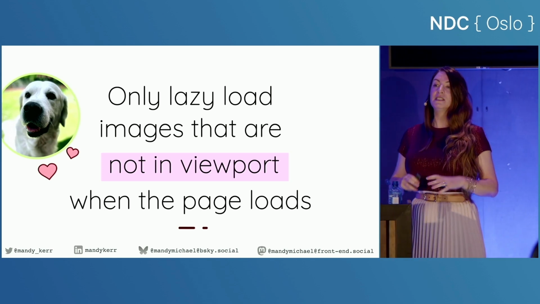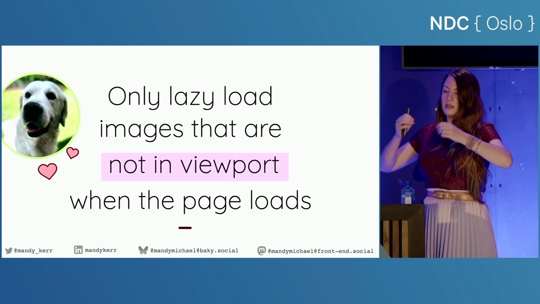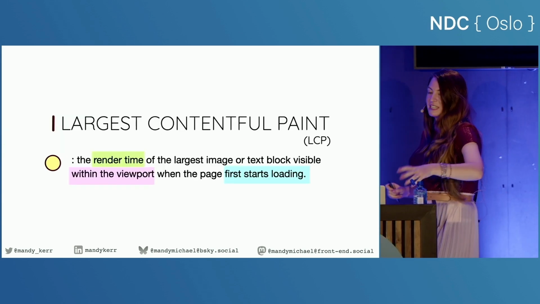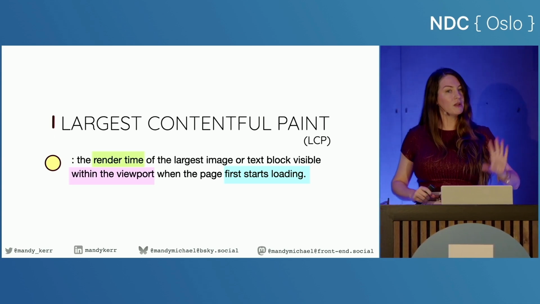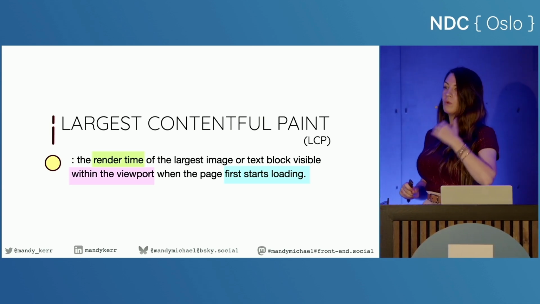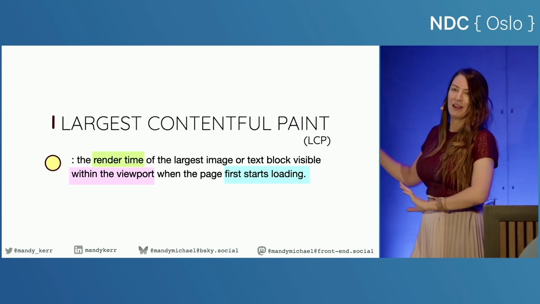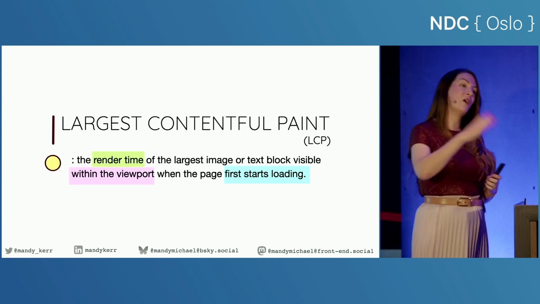If an image is in view when the page first starts loading, so that top part of your page, this is considered part of the largest contentful paint. And the largest contentful paint is the render time of the largest image or text block that's visible within the page when it first starts loading. If you try to lazy load an image that's part of this, you're going to negatively impact your performance because you've deferred the image.